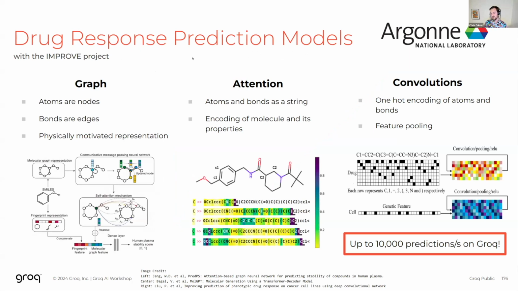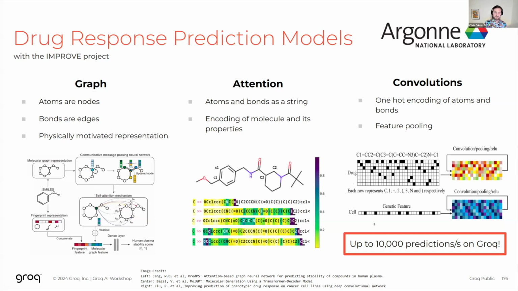It's a curation and standardization of essentially benchmarking not just attention-based models, which are what I just showed you examples of, but also graph-based models, which makes sense for molecular models, and also convolutions. If you're familiar with molecular science, you can see why a convolutional network works: it's like one hot encoding of atoms in different types of bonds.